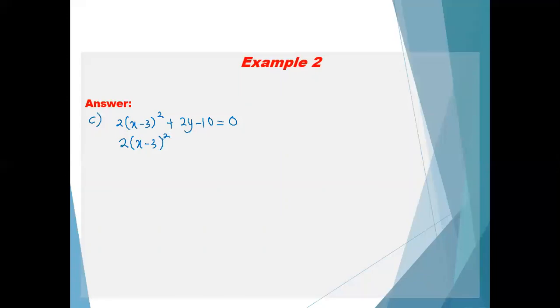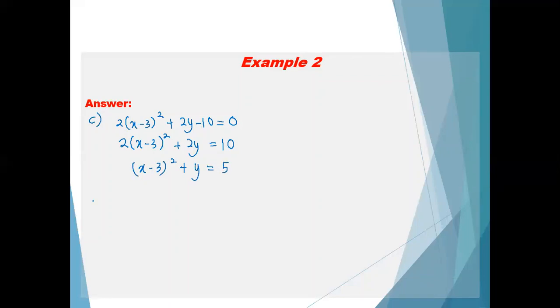We rearrange first: plus 2y, and the constant negative 10 goes to the right, so positive 10. Then we simplify, dividing by 2 on both sides. So you got (x minus 3) squared plus y equal to 5.